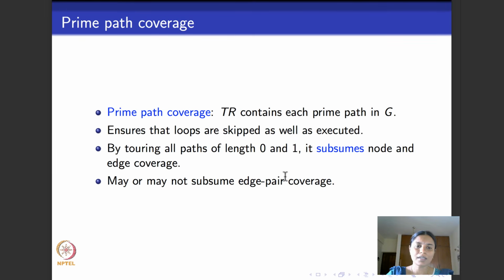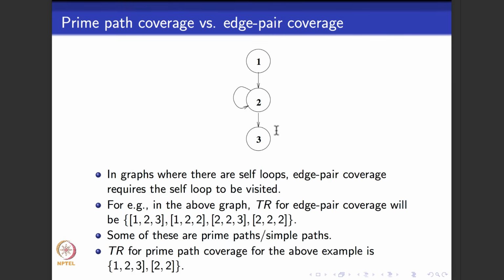This note says that it may or may not subsume edge pair coverage. Why is that so? I'll show you an example. Consider a graph that looks like this. It has 3 vertices and then it's got a self loop here, right? So edge pair coverage for this graph requires that this self loop needs to be visited. So edge pair coverage for this graph will say you visit this path of length 2, which is 1, 2, 2: 1 to 2 and 2 to itself.